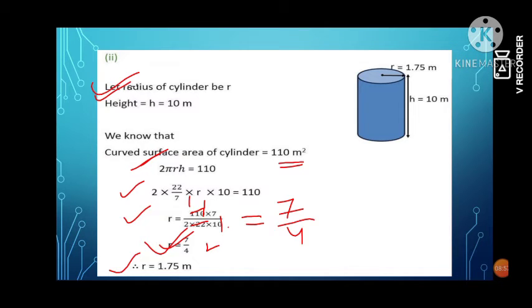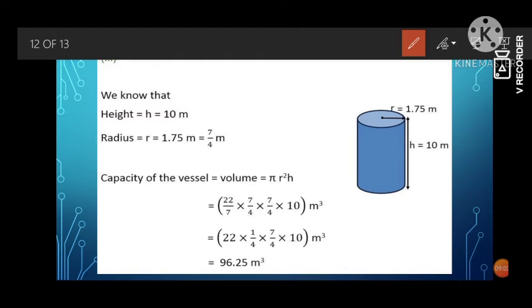Now since the radius is found out, we will find the volume. So the height is given as 10 in the question, radius is 7 by 4 or 1.75. Capacity of the vessel will be volume, formula for volume, which is equal to pi r square h. Since pi is not mentioned, we will use 22 by 7. So 22 by 7 into 7 by 4 into 7 by 4 into 10. 7 and 7 cancel. Then again we will get 2 and 11.